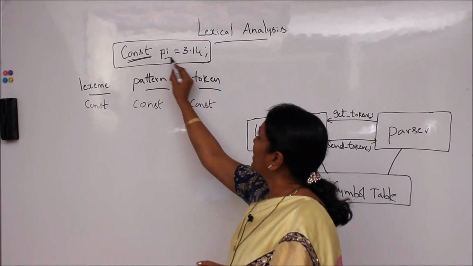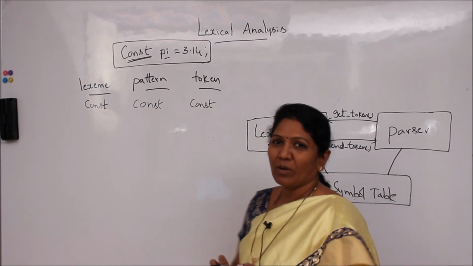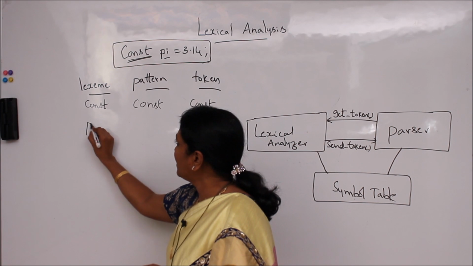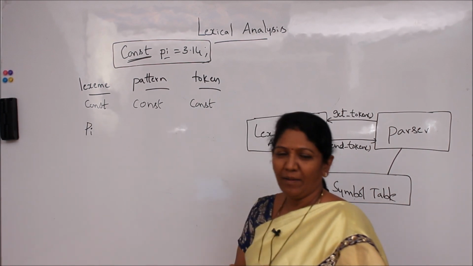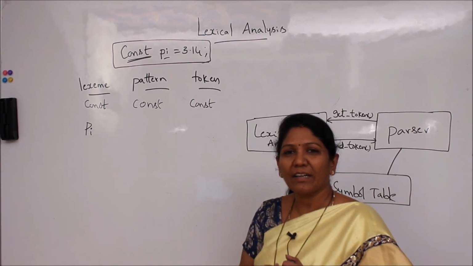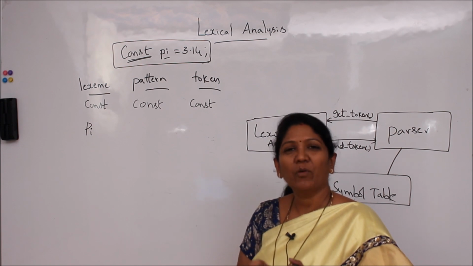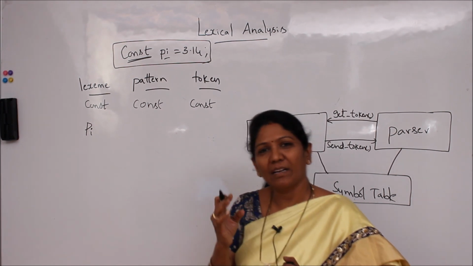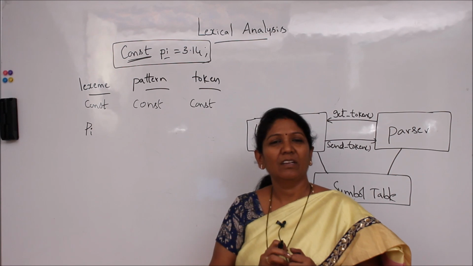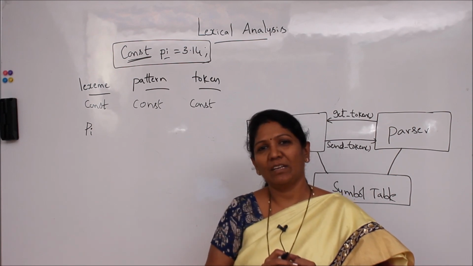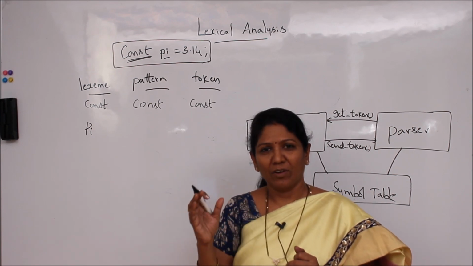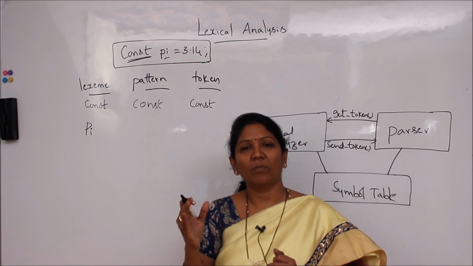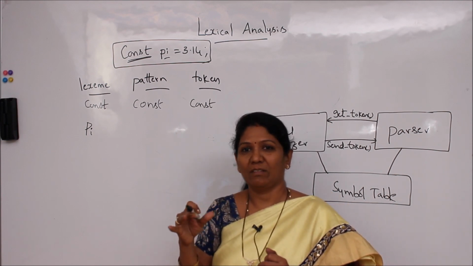And coming to the next one, pi. The actual character stream is pi. When you read pi, which category does it come under? It is an identifier. How do we recognize an identifier in any high level language? The general lexical rule for identifying an identifier is that it always starts with a letter followed by any number of letters or digits.